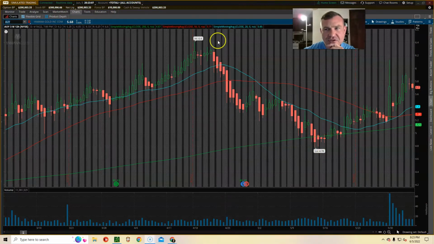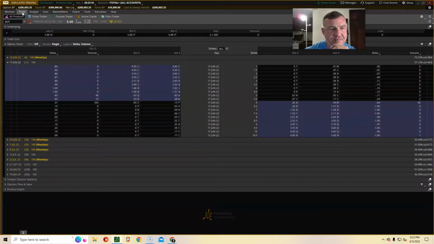And so what could we potentially get? So we go over here to the trade tab. We're going to look at the contract that has 11 days left to expiration.